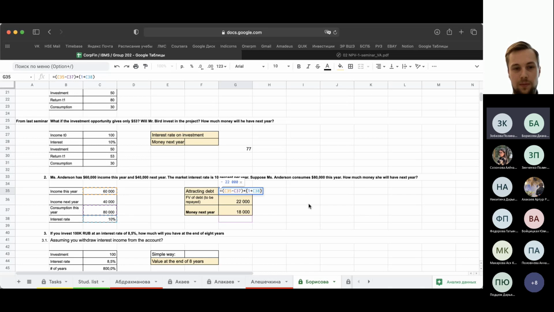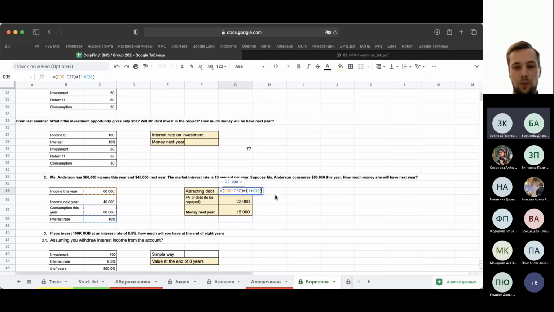That's why we subtract 80,000 from 60,000, and after it, we should multiply by the interest rate because we have not only this money, but we should take a loan. So we should multiply it by 1 plus 0.1.